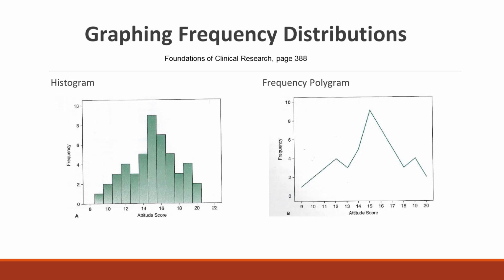The frequency of each score is plotted in the y-axis, vertical, and the measured variable, in this case attitude score, is on the x-axis, horizontal. The bars are centered over the scores. A frequency polygon is a line plot where each point on the line represents frequency or percentage. The frequency polygon to the right plots the same data set.